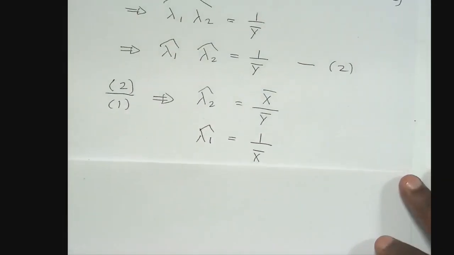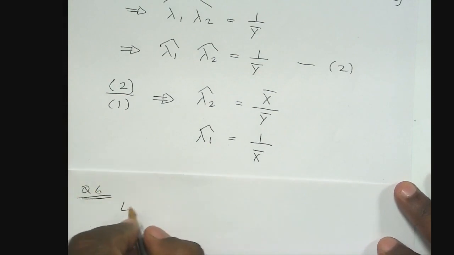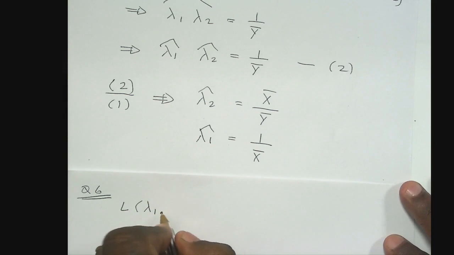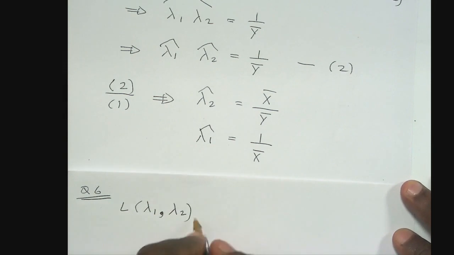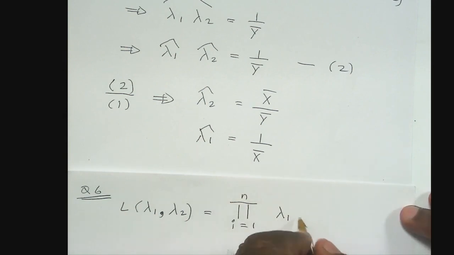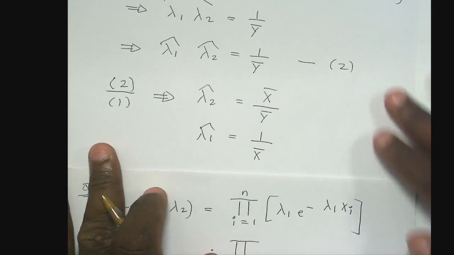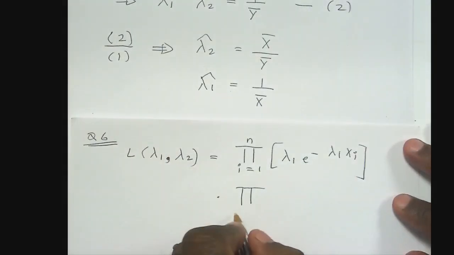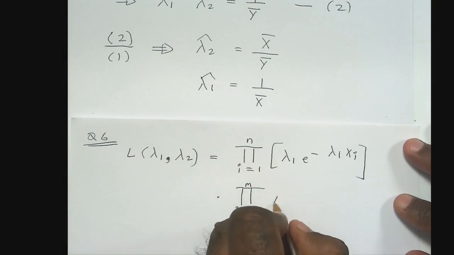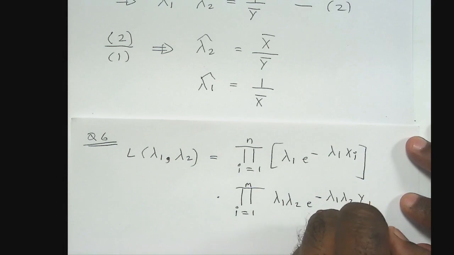So this is question 6 one more time. The alternative approach is to write down the joint likelihood of lambda 1, lambda 2, which will be this multiplied by this.